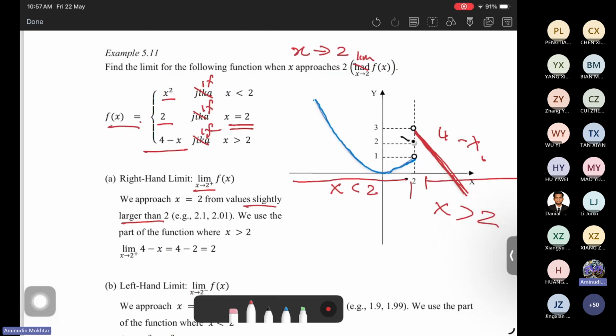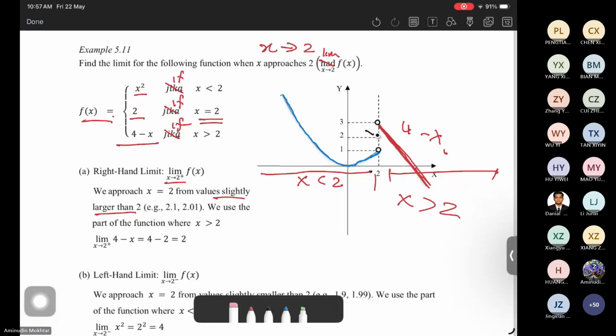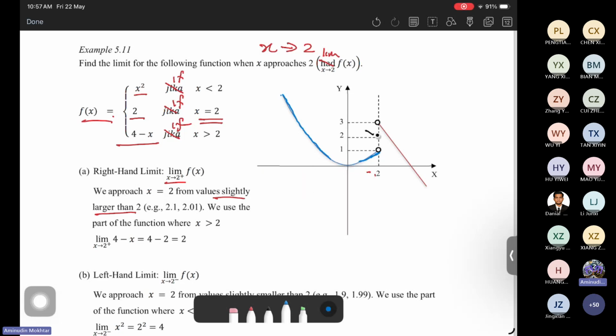So when we refer to this graph, the area when x approaches 2 from the right, from the value of x greater than 2 but close to 2, what happens to the function?